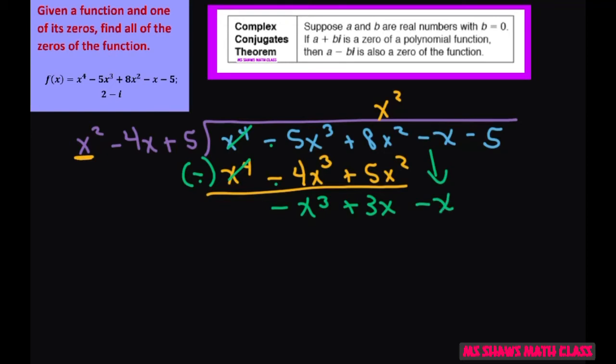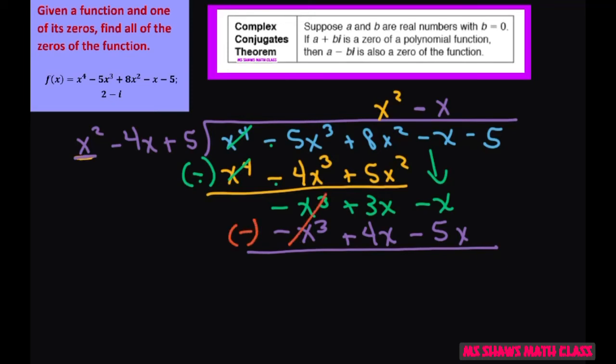Then we repeat. So the next one we need is negative x cubed, so this is going to be negative x. And multiply that, and we're going to get negative x cubed plus 4x squared minus 5x. All right, and let's subtract.